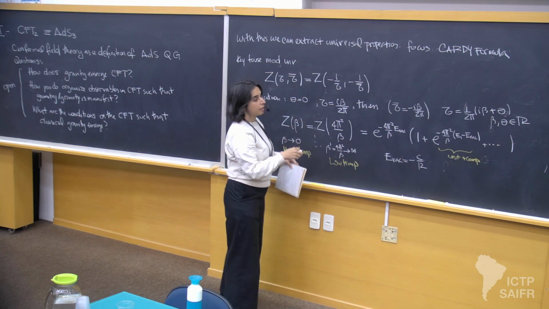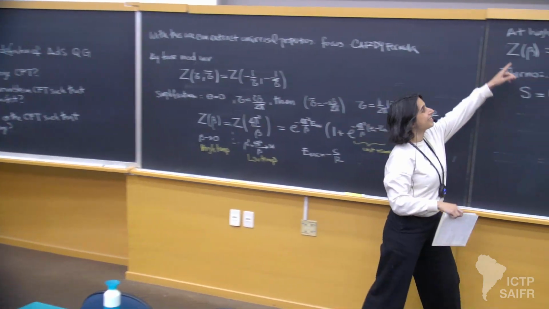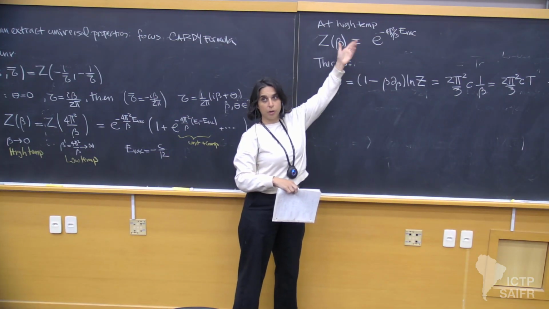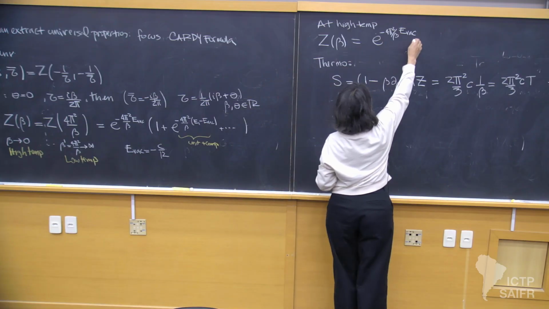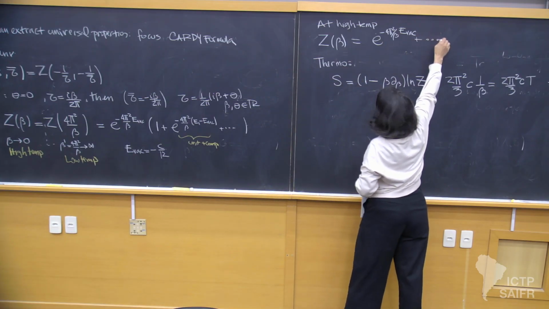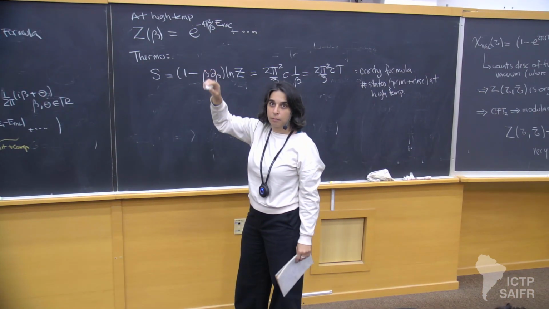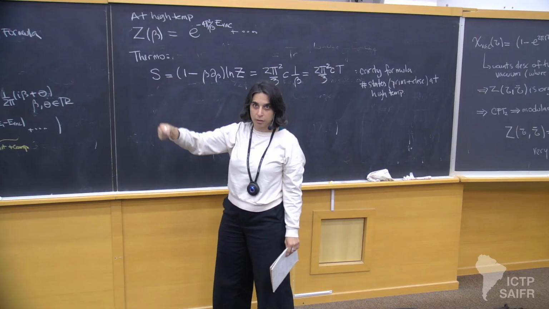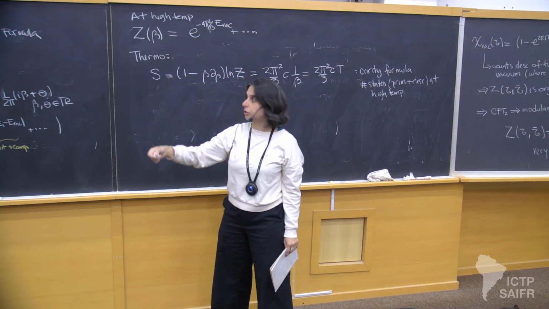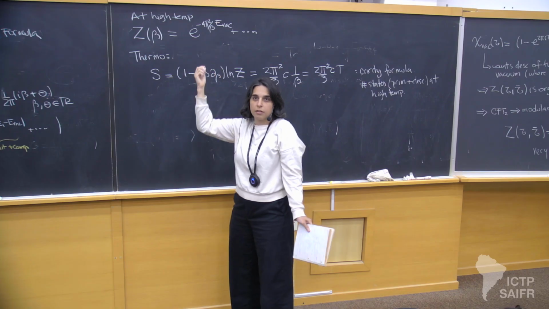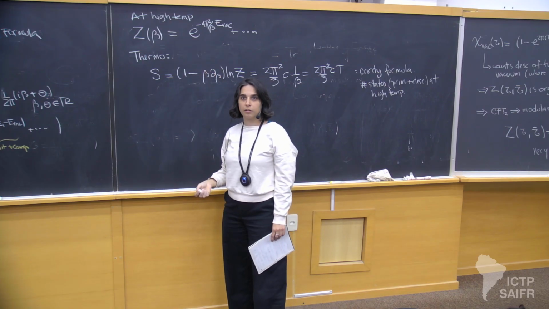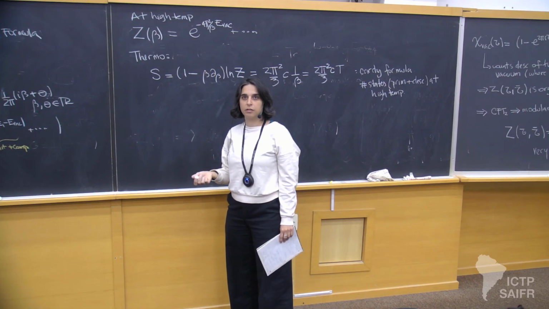Then at high temperatures, when beta is going to 0, of course there are corrections here, but the leading contribution at high temperatures is just this one. That's all that this is saying. I'm taking the limit of a function.